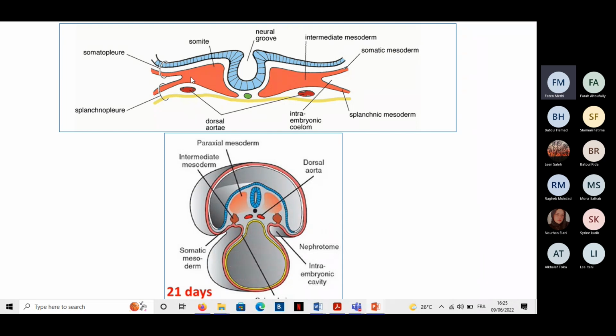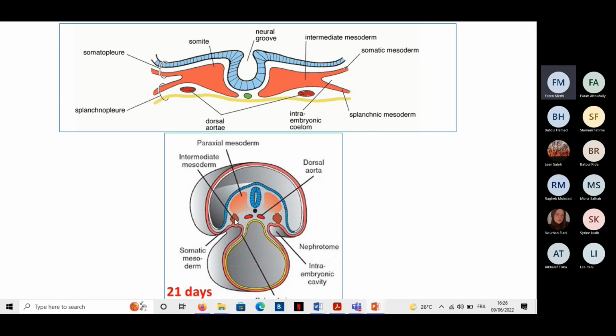So here we have the mesoderm. This is the paraaxial mesoderm near the neural groove, and here the intermediate mesoderm, and then we have the somatic mesoderm and the lateral or splanchnic mesoderm that will give this line.